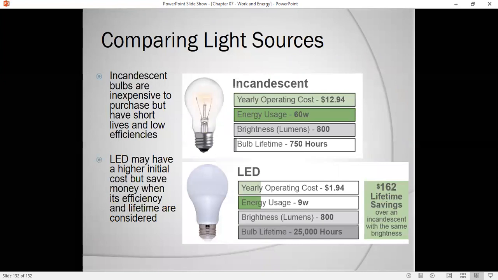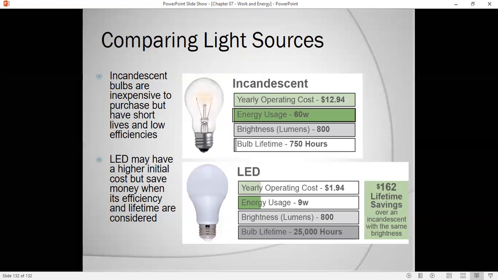And again, comparing light sources, here is the basic cost. If you were to go out and buy an incandescent bulb, they would be very, very inexpensive to purchase. Say an old 60-watt incandescent bulb.